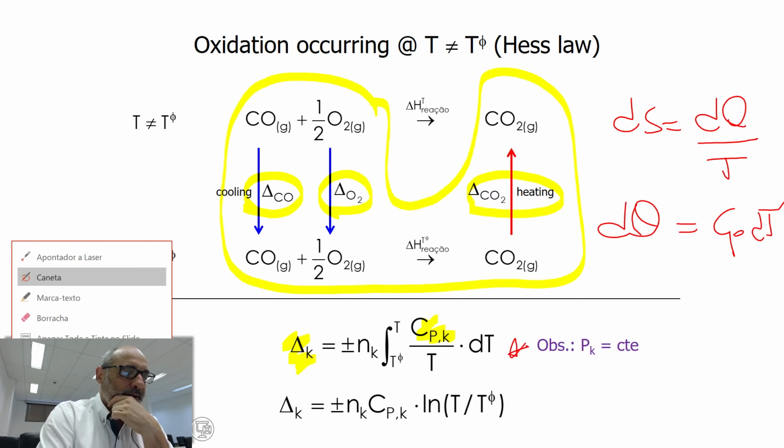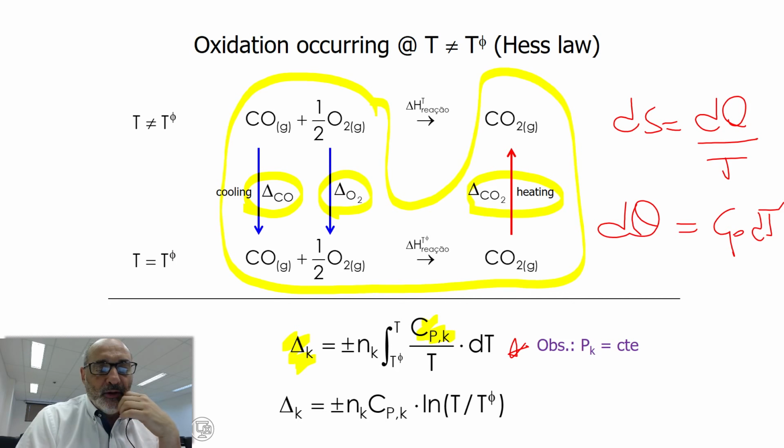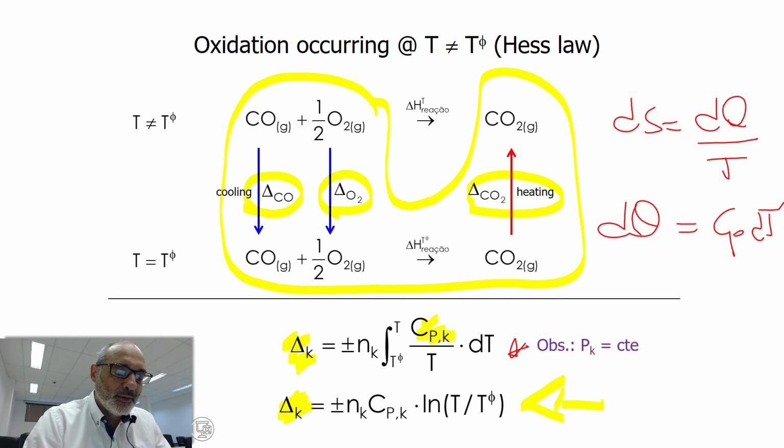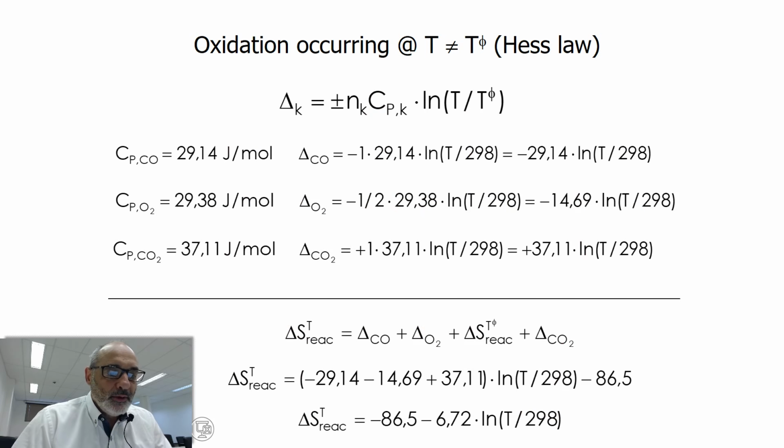We make all the calculations in a very analogous way, and we get these formulas for the entropy variations associated with cooling and heating. The ln of T over T phi appears when I perform this integral. Cp is constant, and I get the integral of dT over T, which is ln T minus ln T phi. Okay, let's move on, and now we only need to do the calculations. We have this formula.